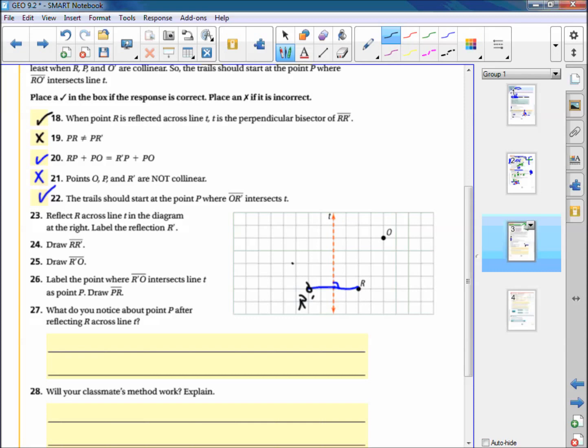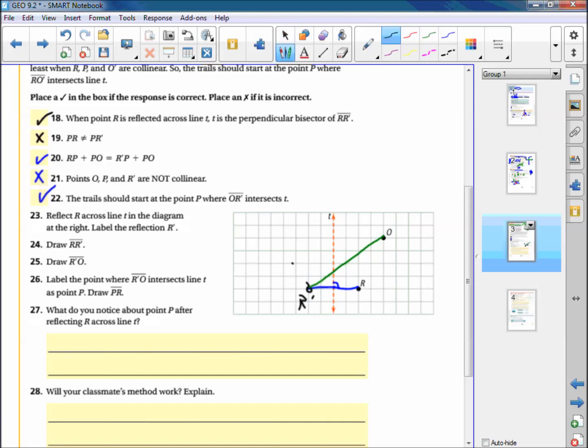And draw R prime O. Okay, so R prime O. Let's see if we can draw this in straight. Okay, so 1, 2, 1, 2. All right, do our best here. It'll look something like this. Okay. Label the point where R prime O intersects with line T as point P.